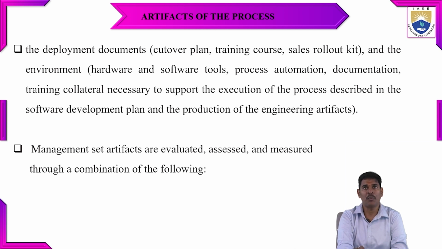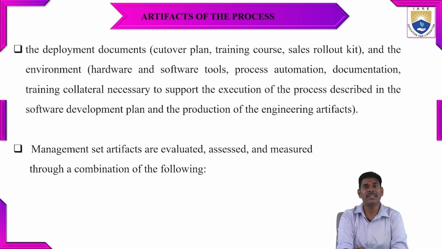In the deployment documents, they need to have a clear idea to complete the plan, having the training courses and the sales rollout kit, and the various environment. This environment can be related to the hardware and software tools, process automations, documentation, and training collateral necessary to support the execution of the process.